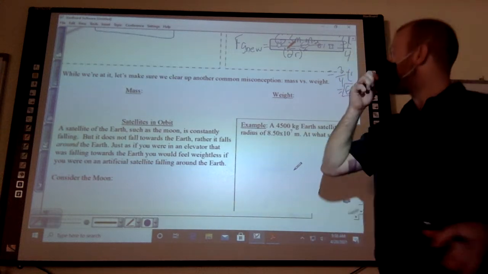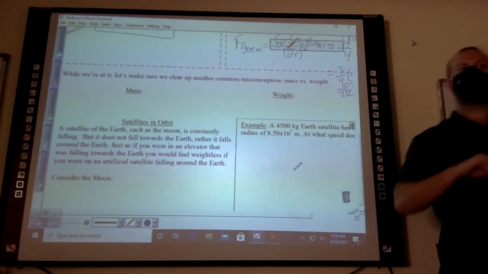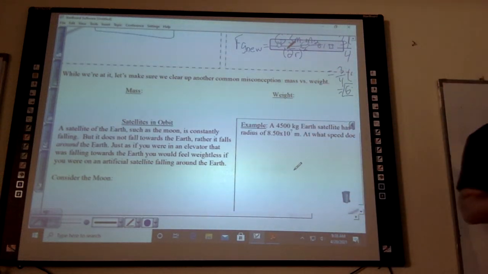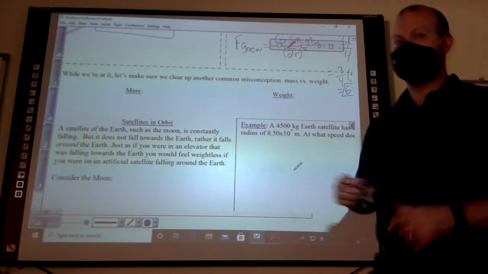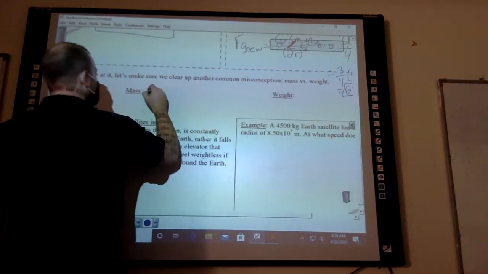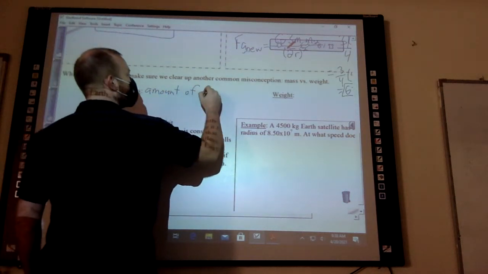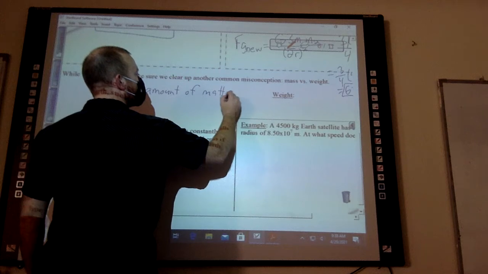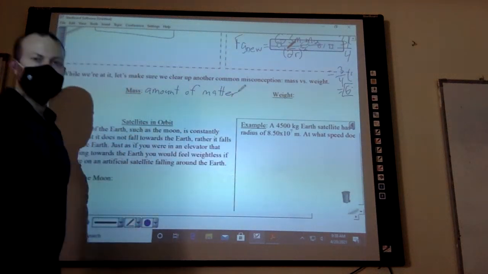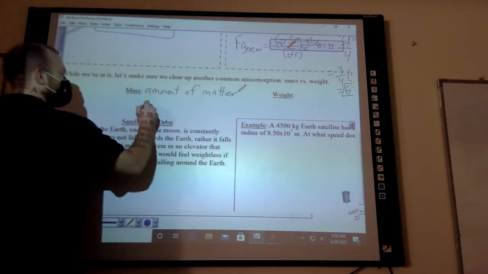Do you remember the difference between mass and weight? Which one changes? Weight. Weight changes, mass is constant. Good, so you remember this. Mass is the amount of matter, and it does not depend on where you are, so it's constant everywhere.